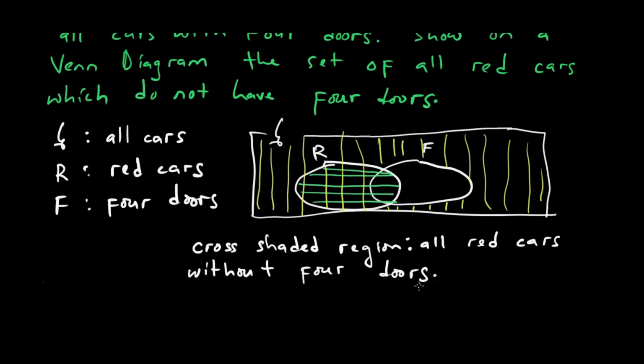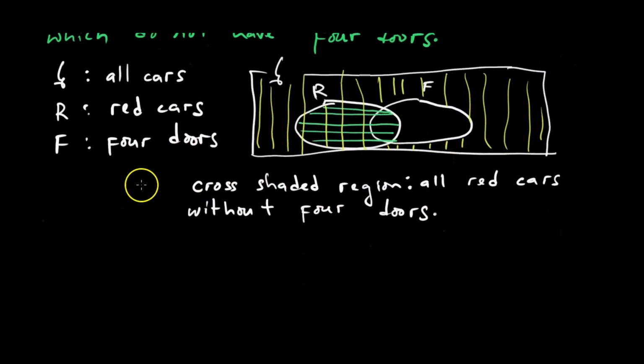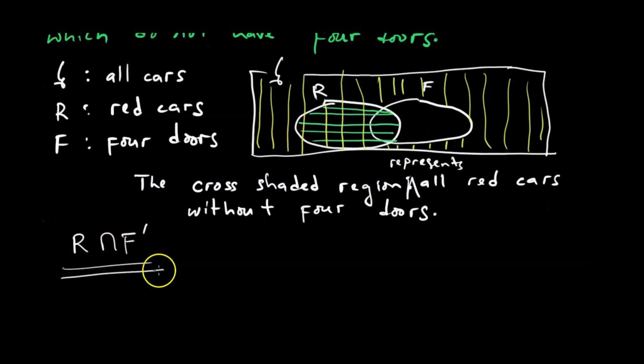So that is what we do. And how do we present our answer? You just write that the cross shaded region represents all red cars without 4 doors. I hope that is clear and not confusing. In set notation, what we are getting here is R intersecting F complement. That is the question. R intersecting F complement.